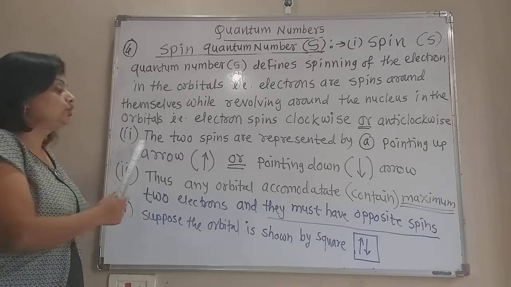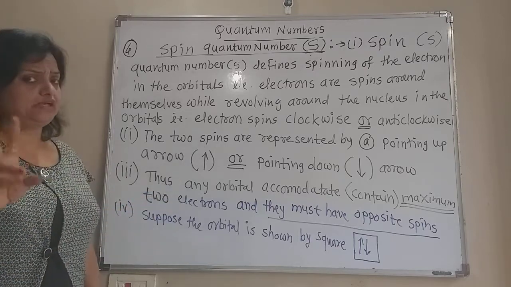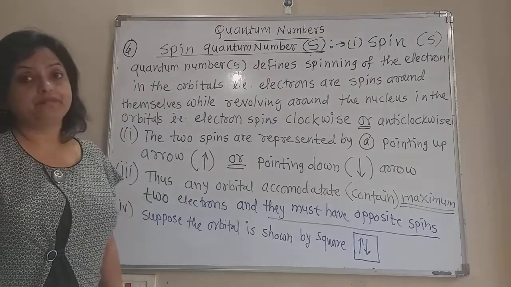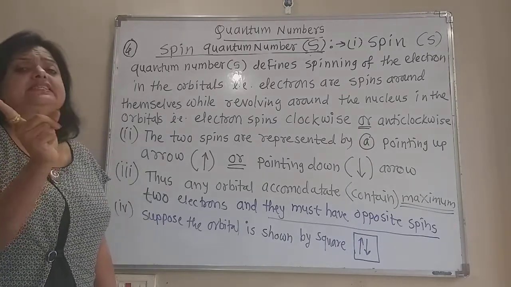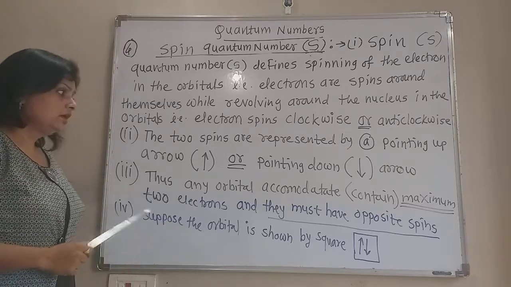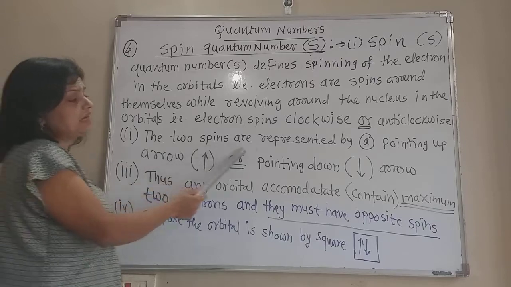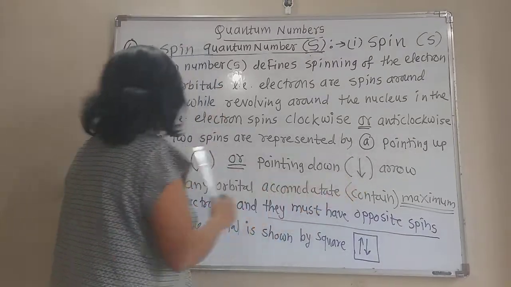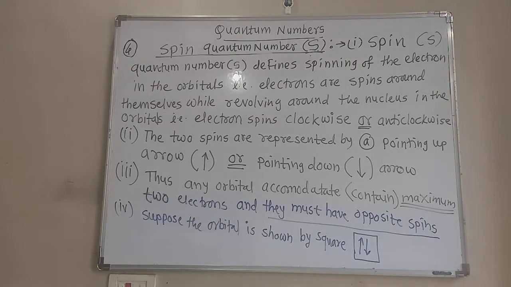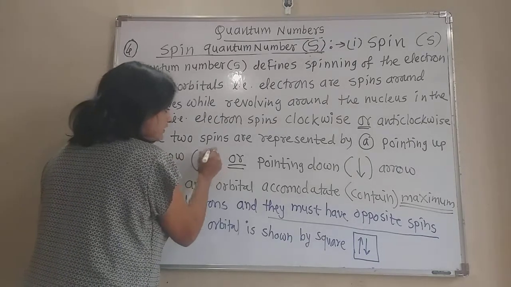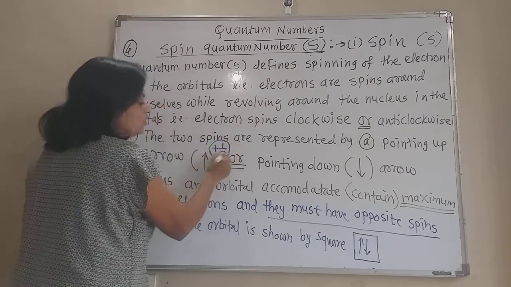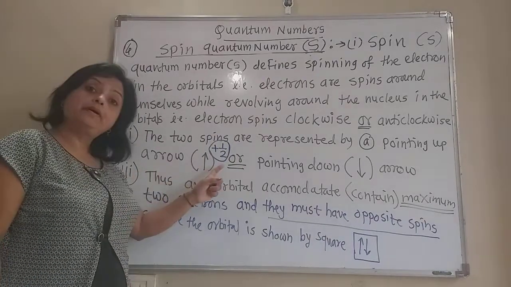There are only two values of the spin quantum number, plus half and minus half, because they only spin and do not completely revolve around themselves. The pointing up arrow has the value plus half.